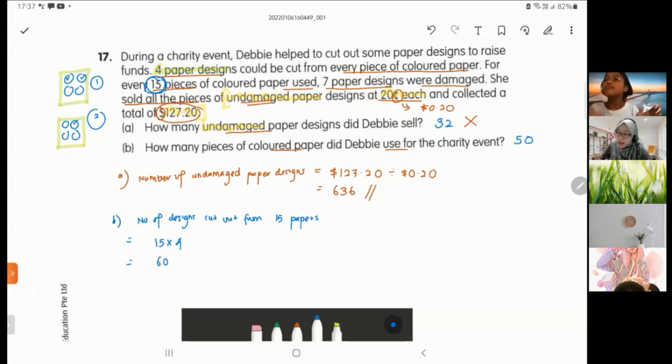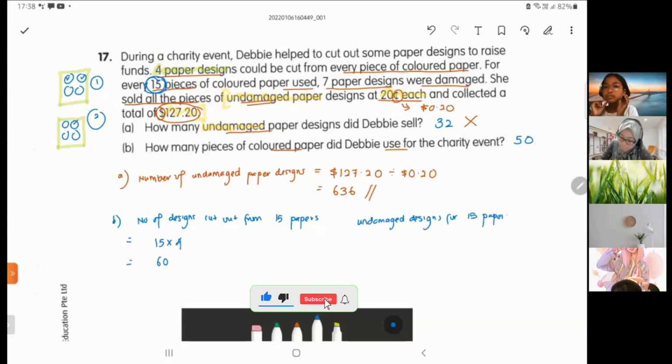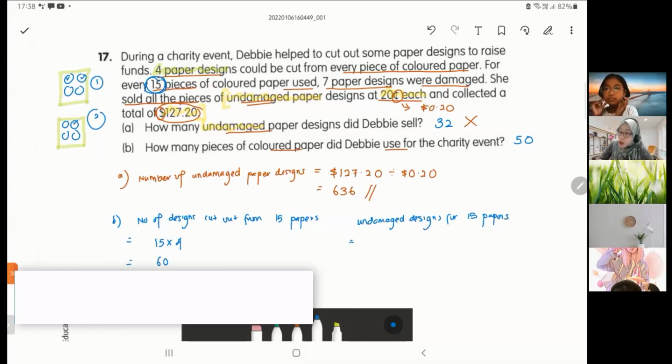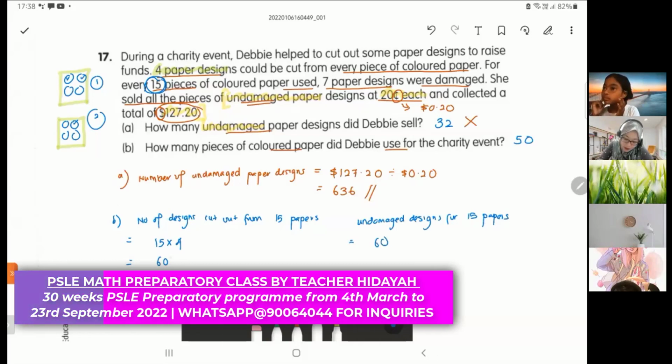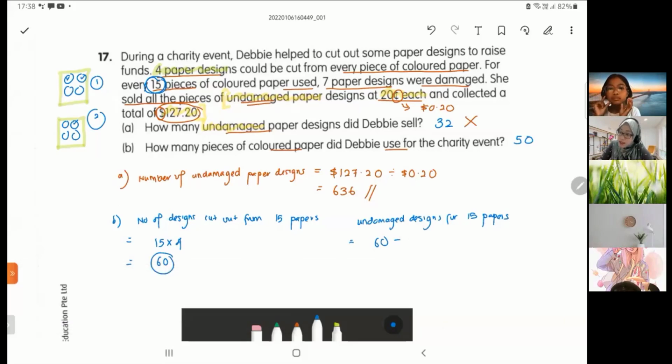Then we are going to find the undamaged designs for 15 papers. Equals to, you take your 60, the number of designs that you get, minus, for all these 60, there will be 7 that are damaged, right? The 7 paper designs damaged.